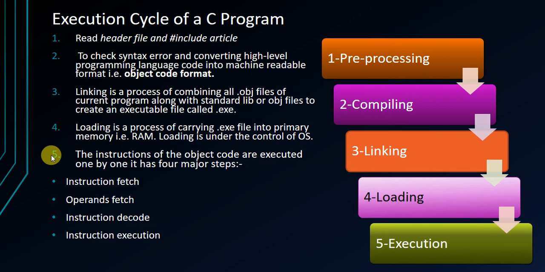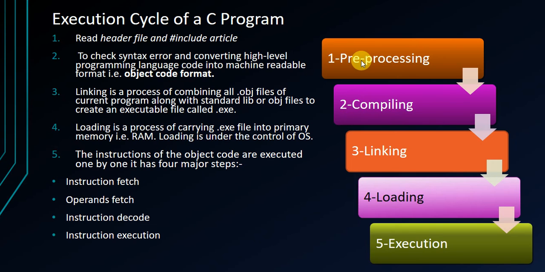Now we are going to understand how a C program is actually executed on our computer system. If you see the hierarchy here, there are 5 steps involved to execute a C program: pre-processing, compiling, linking, loading, and execution.